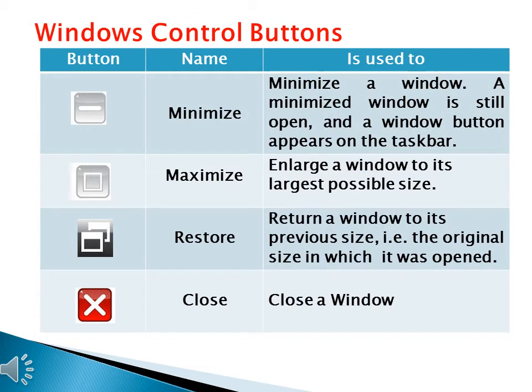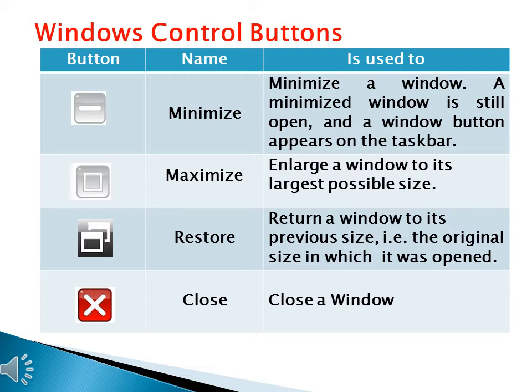If you have observed carefully, at the top right corner, three buttons will be available for any file or any application. These three buttons are known as the Windows control buttons. The first symbol is minimize.